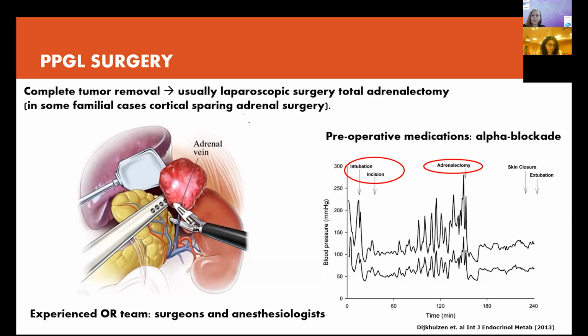Sometimes we use other different families of antihypertensives in cases of uncontrolled hypertension, and try to control hypertension medically before the surgery. The surgery itself, the tumor manipulation and the anesthesia that is administered can be very tricky during the procedure of tumor removal.